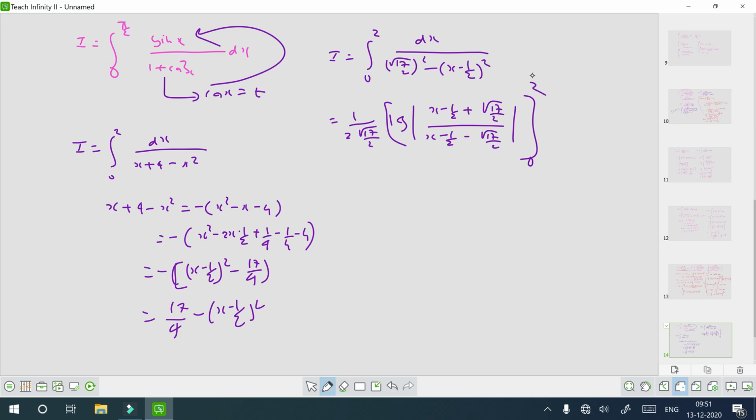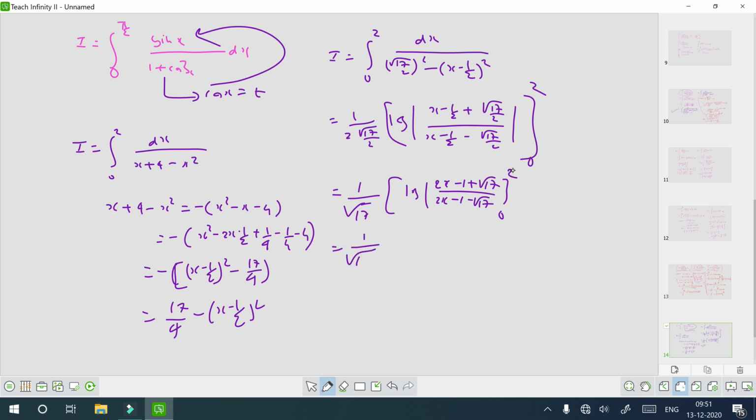Clear? So this comes out 1 by root 17. First of all, simplify it: 2x minus 1 plus root 17 over 2x minus 1 minus root 17, 0 to 2.